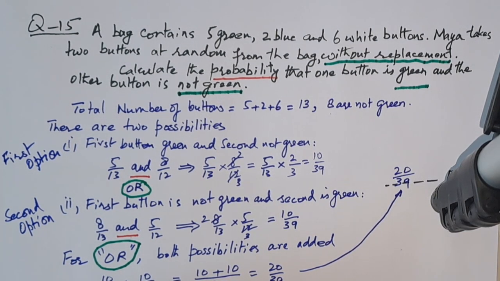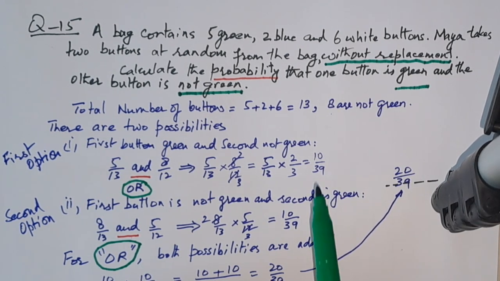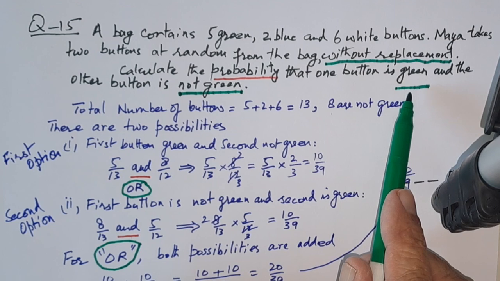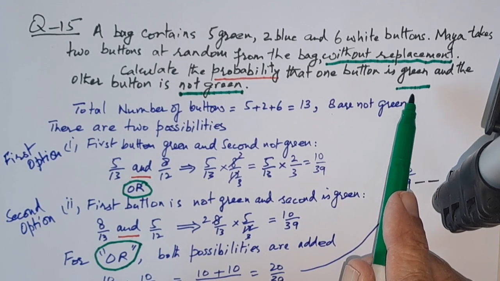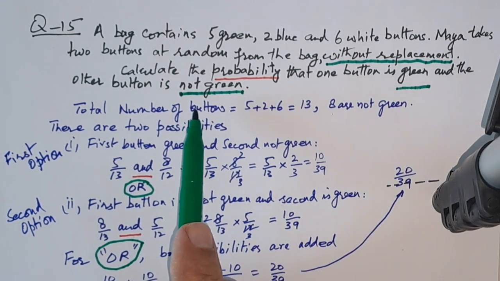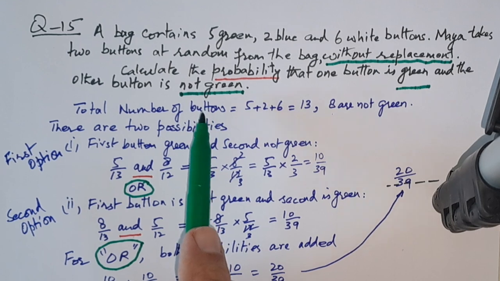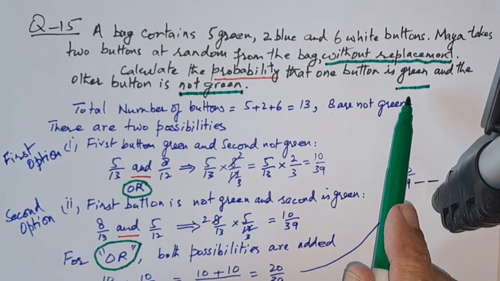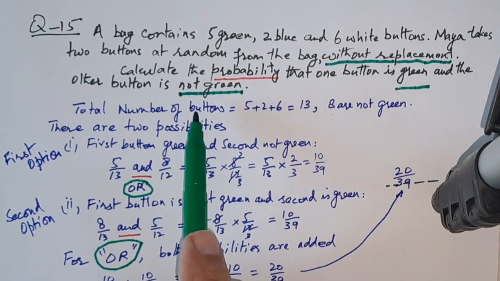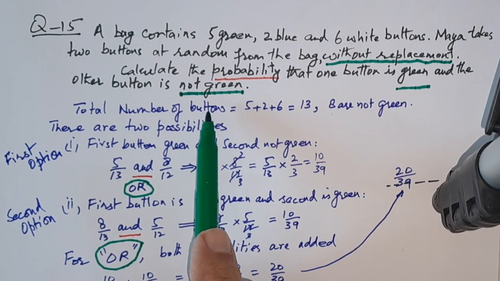In this type of question, there are two possibilities. Number one, that the first button is green. Number 2, that the first button is not green. If the first button is green, then the second button will be not green in the first possibility.